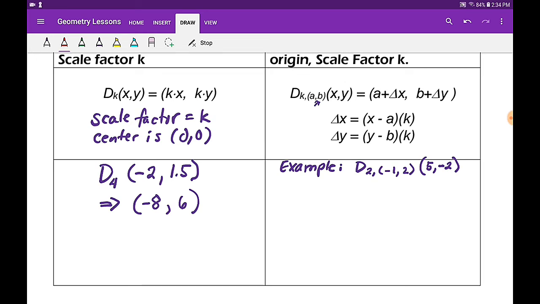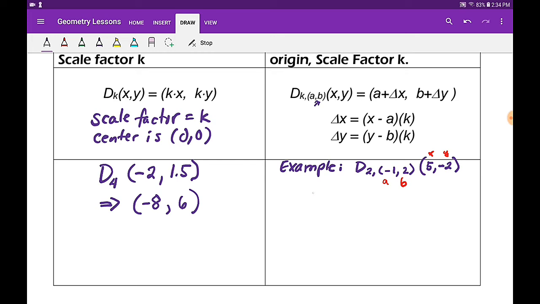So let's indicate that this is our A and that's our B. This is our X. This is our Y. So now let's first find delta X. We're looking for the image of 5 comma negative 2 under this dilation.